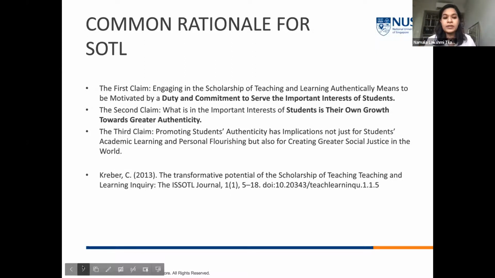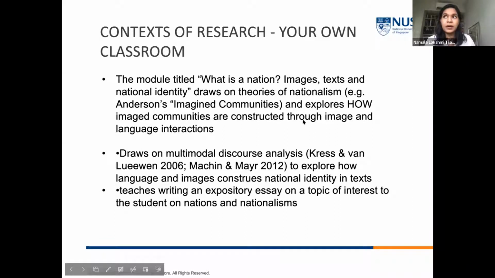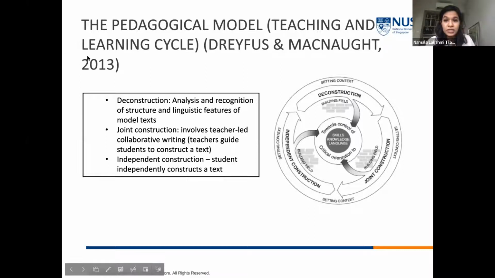Certainly student authenticity is one of the ones that I'm concerned about, which is making sure that students are given effective models, but you don't limit their creativity in doing that. Instead, you're giving them tools with which they can do a lot more in terms of looking at the context in which they function. So I'm looking at what is a nation, and I was looking at a specific bit of research that I did on that, and I used the teaching and learning cycle.